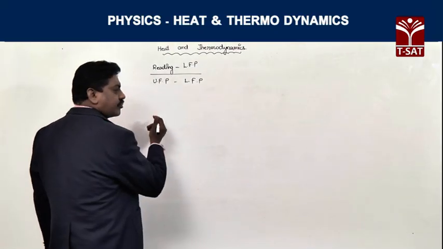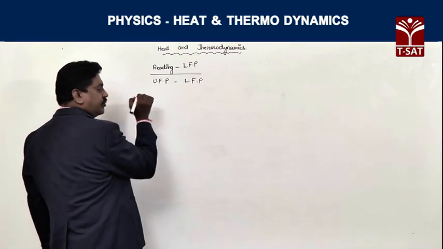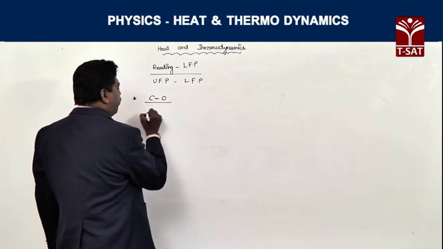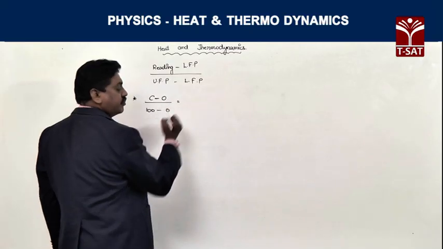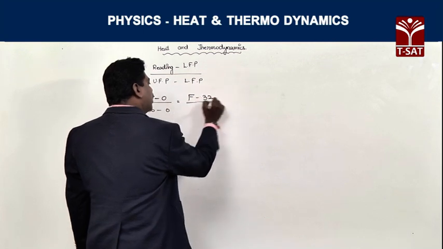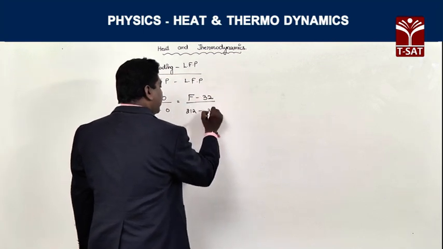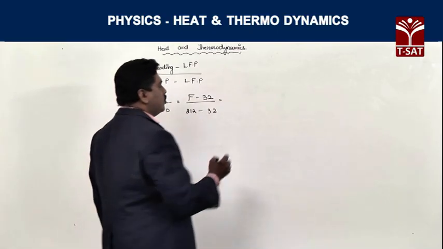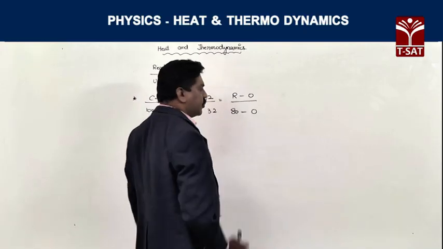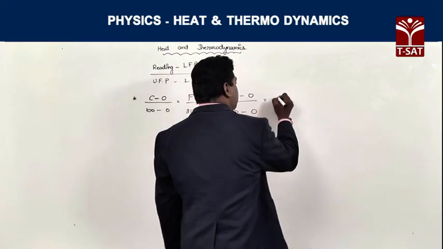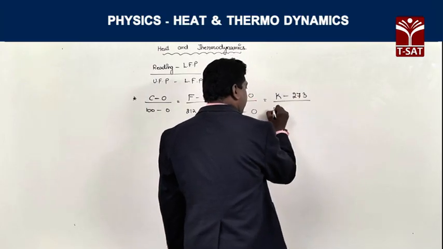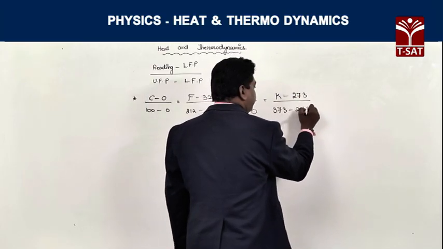In the Celsius scale, we have C minus 0 by 100 minus 0, whereas in the Fahrenheit scale, we have F minus 32 divided by 212 minus 32. It is also equal to the Reaumur scale, R minus 0 by 80 minus 0. In the Kelvin scale, we have K minus 273 divided by 373 minus 273.